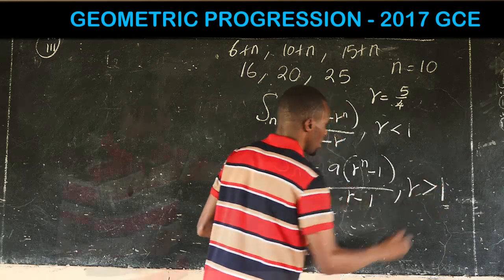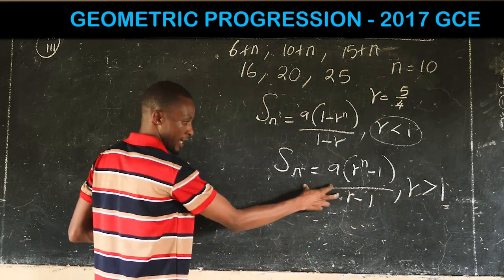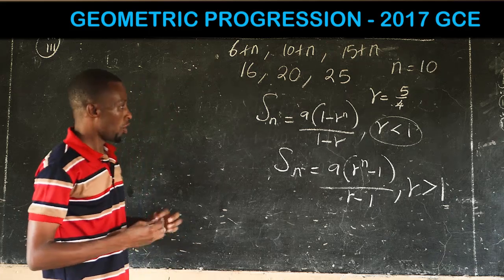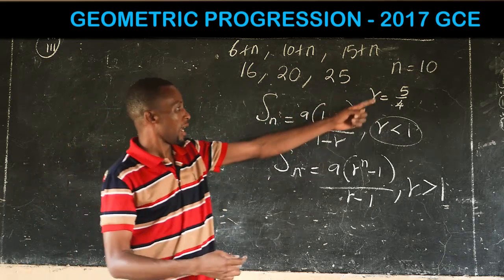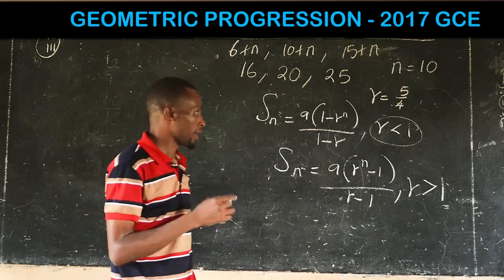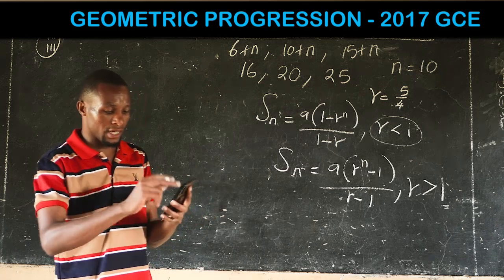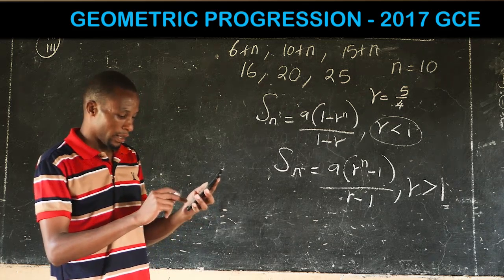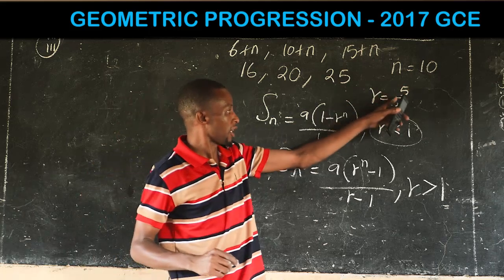Okay, if the common ratio is greater than 1, we're going to use this second formula. So when you look at our value there, how do you get to know whether this is greater than 1 or less than 1? Very simple. You get your calculator and punch this fraction on the calculator.